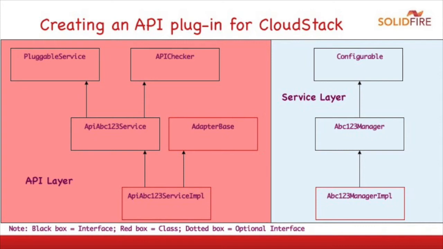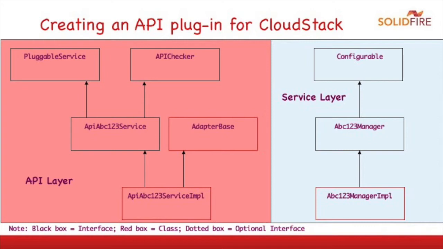If we look at the way bottom of the API layer, we've got API ABC123 service impl. And on the right, it extends adapter base. That's just a requirement for these kinds of API plugins in CloudStack. They just extend adapter base. That provides a bunch of basic functionality so that typically your API plugin doesn't have a whole lot of code in it.